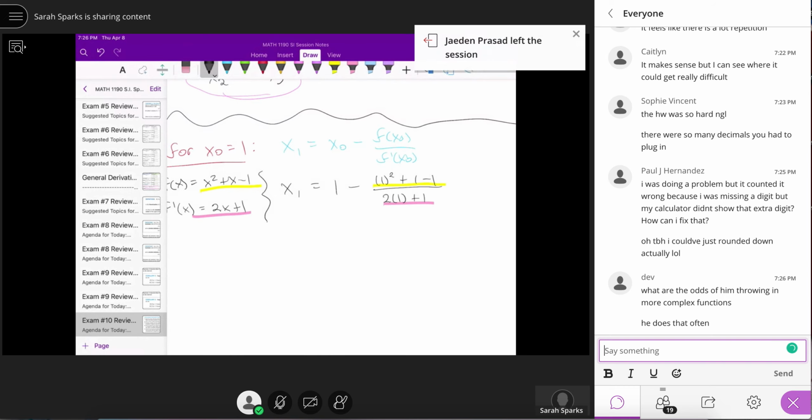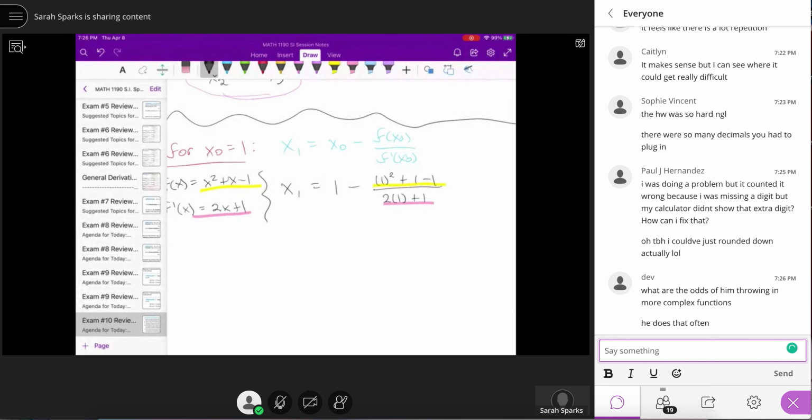It's really easy to miss a number if you do something wrong. I honestly don't know what to expect, but I think there will probably be more Newton's method problems than optimization. Just a feeling, because I know that he likes Newton's method.